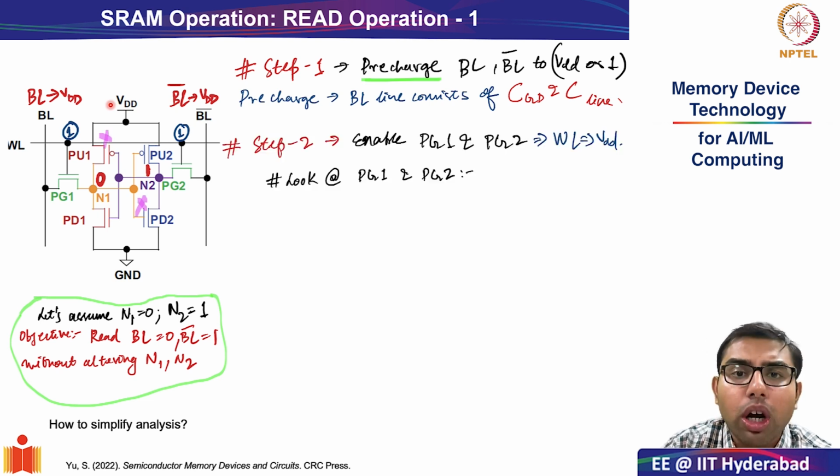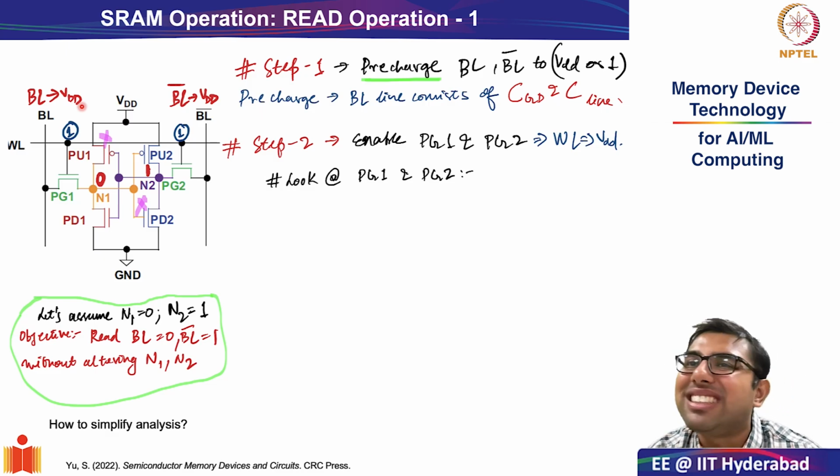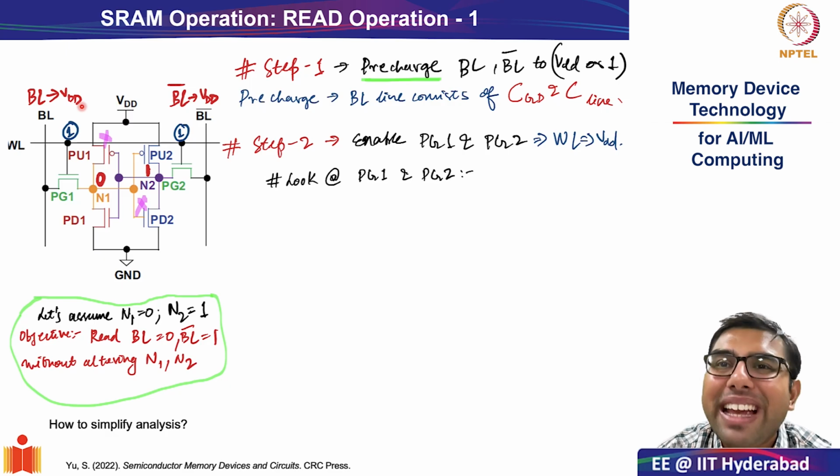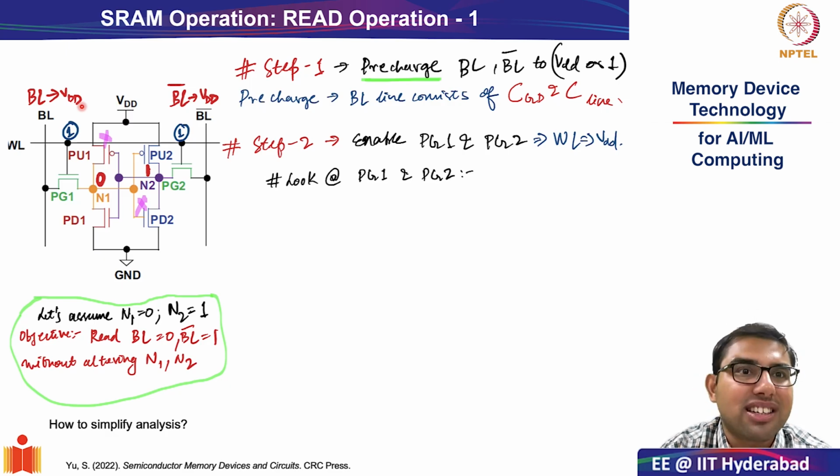So before you turn on the word line, an important thing to recognize is how you do a simple circuit analysis of this rather complicated 6T cell the moment you turn on the word line. It may look like a very complicated structure with 6 transistors and many voltages flying around.